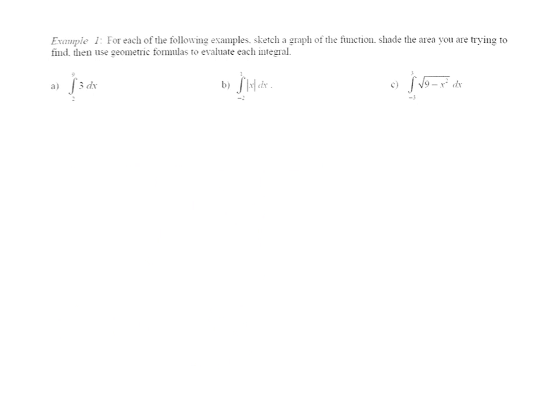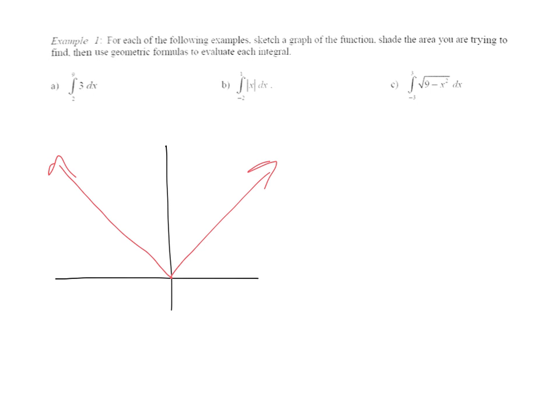This next one, we're going to look at the absolute value of x between -2 and 1. So again, if we draw a picture, absolute value will look something like just that V shape there. Go all the way to -2 and then just a +1 right there. So you see we have two triangles.